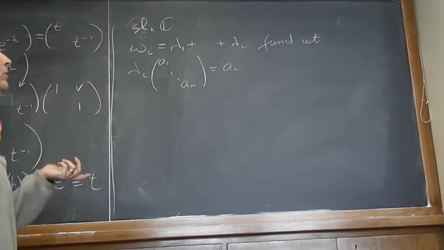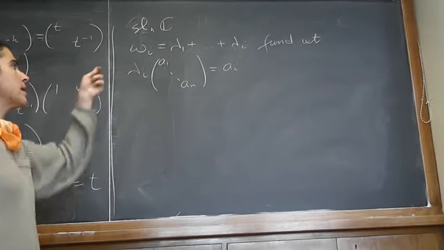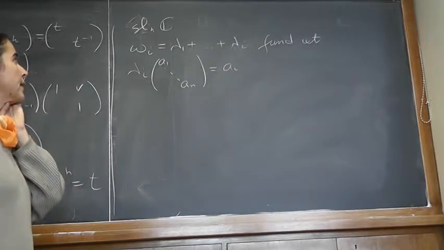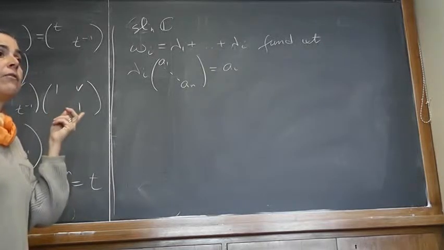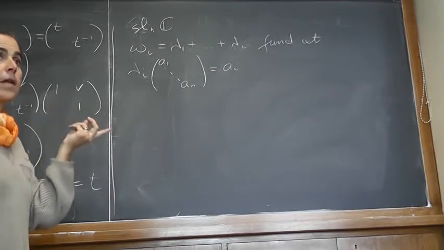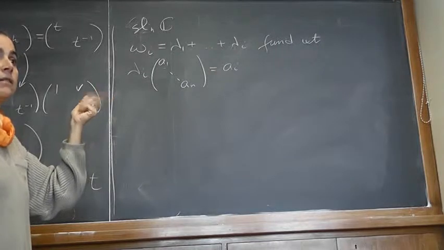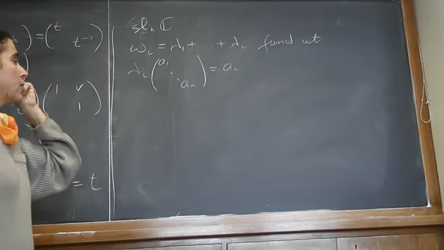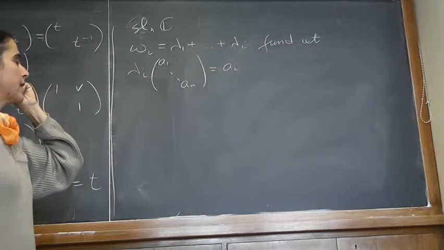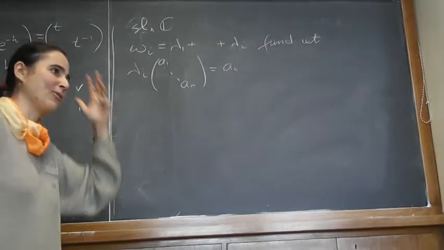I checked it in Humphreys, so this is Varadarajan's book giving the fundamental weights for SLM. In Humphreys it will give you in terms of the roots, so it is different because of that. I tried the one of Humphreys and I couldn't prove they are the same, but they have to be the same.